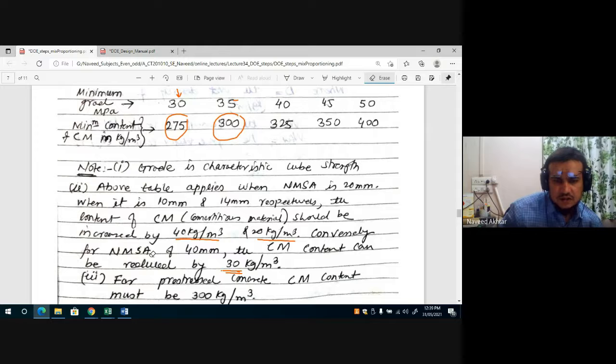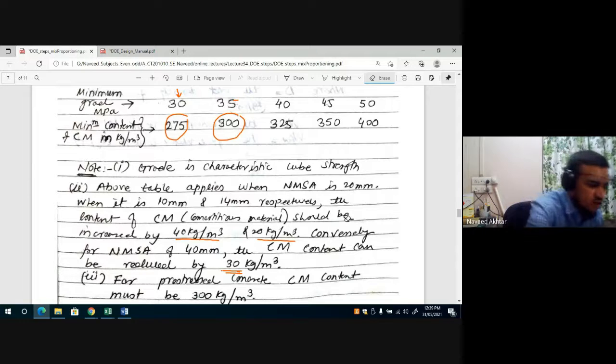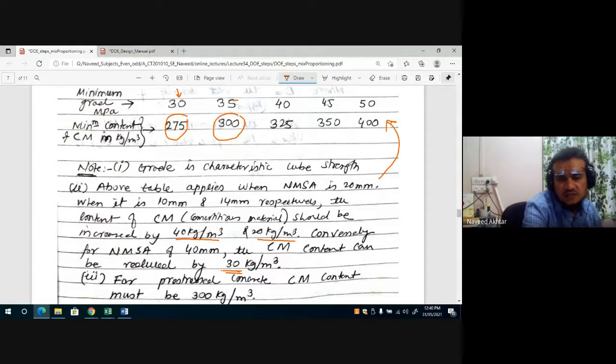This table is for the 20 mm aggregate. For larger particles you have to reduce the cement content, and for smaller particles you have to increase the cement content, as given in the footnote.